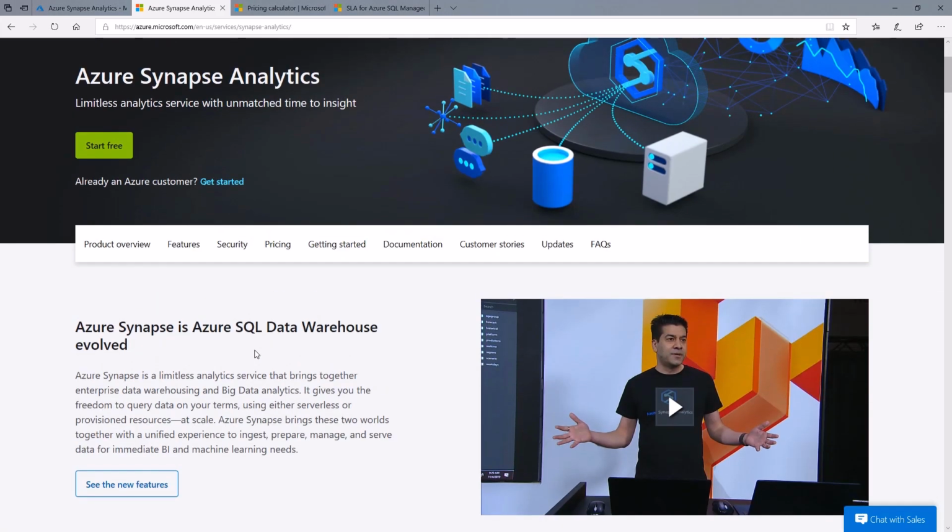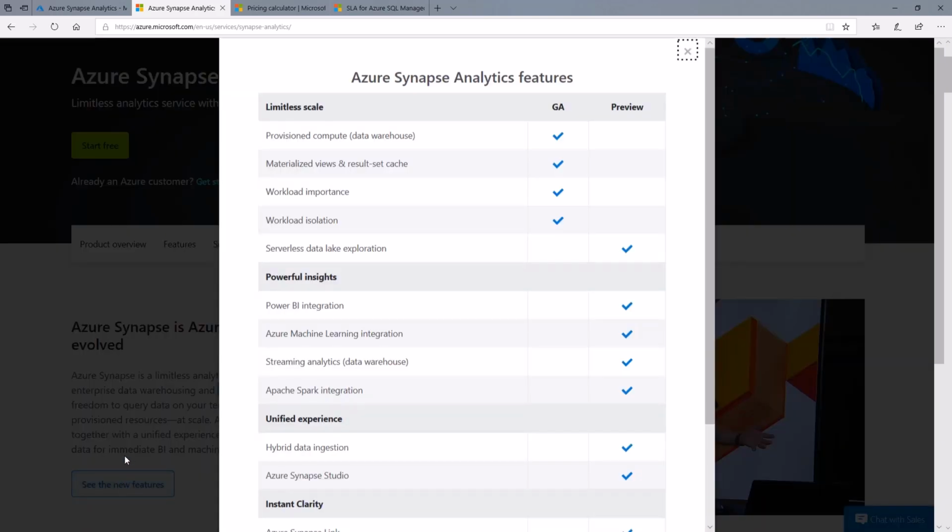Now, what is Azure Synapse Analytics? Well, it is the data warehouse, which allows you to build this cube with dimensions and measures, but it also now encompasses big data. And you'll see that the general availability features are being dwarfed by what is in preview. For example, Apache Spark integration, that's an analytics engine for big data processing.